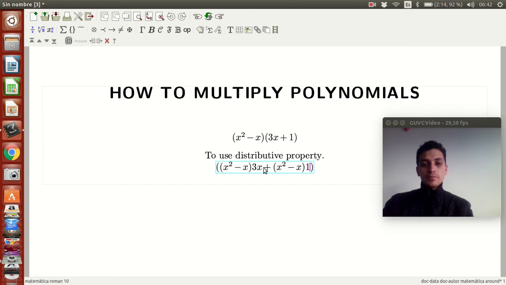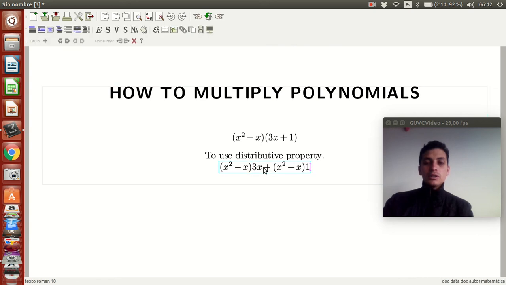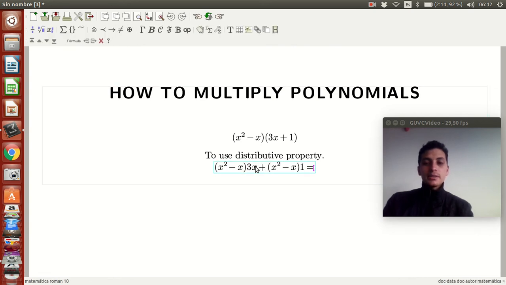Okay? We don't need the parentheses anymore. And now we're going to use distributive property again. That is 3x is going to multiply this 2. So it's going to multiply this 2.